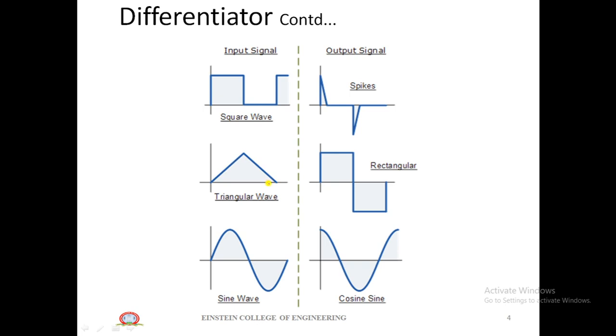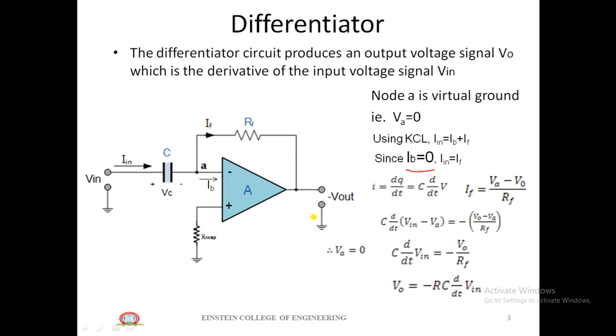For a triangular wave, the differentiator output will be a rectangular wave, and for a sine wave the differentiator output will be a cosine wave. The output will be inverted because of the negative sign, because it is negative feedback: the input is given to the inverting terminal.